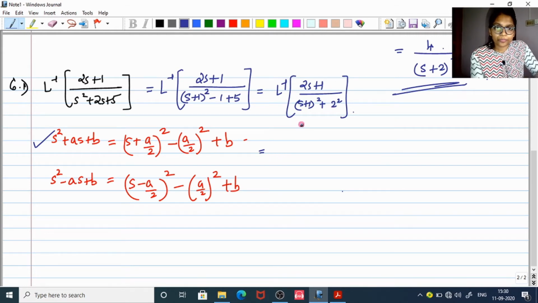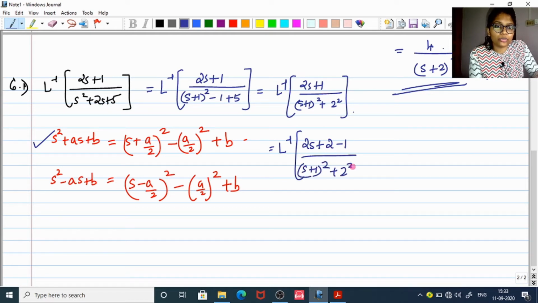Now you can observe that here a group is there, s plus 1. But we lack such a group in the numerator. So we have to get such a group, s plus 1, in the numerator too. How to get that? See, this 2s plus 1 can be written as 2s plus 2 minus 1. I split this 1 as 2 minus 1, divided by s plus 1 whole square plus 2 square. Why?